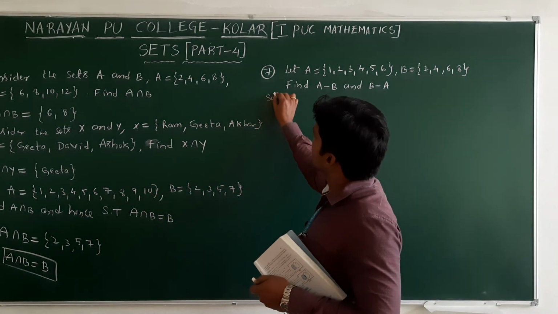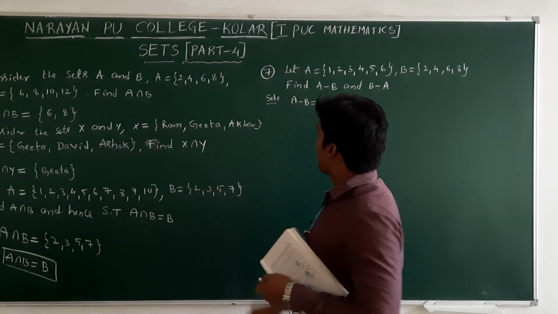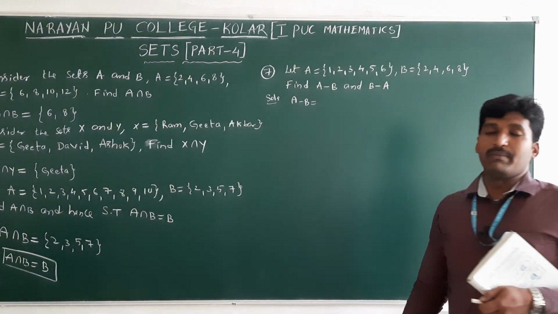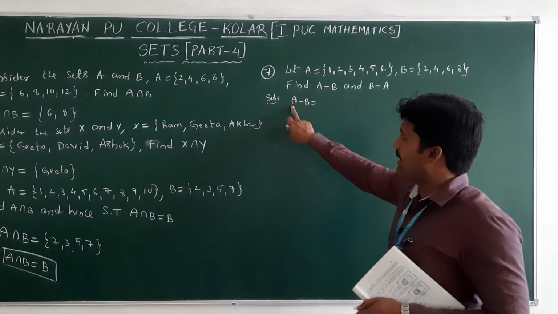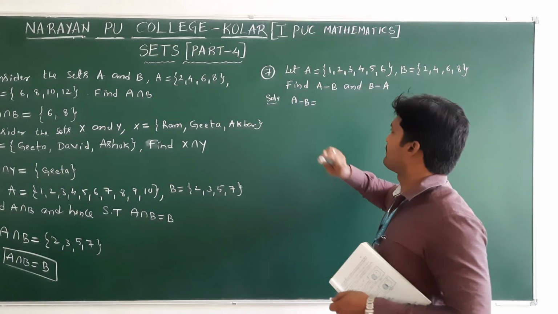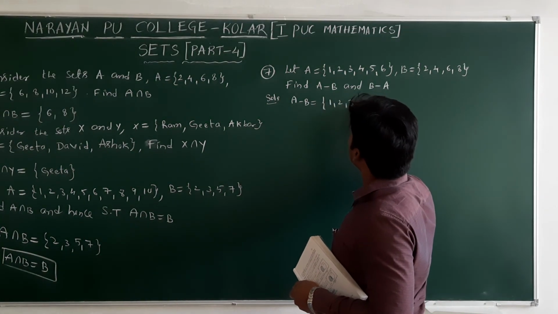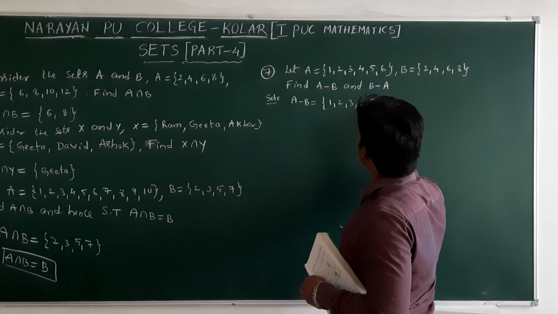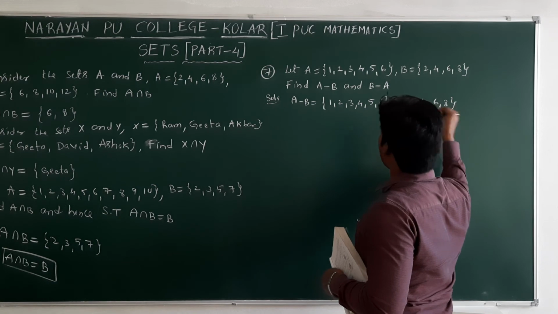How do we define this? A minus B means the set of all elements in A but not present in B. A set is 1, 2, 3, 4, 5, 6 minus 2, 4, 6, 8.